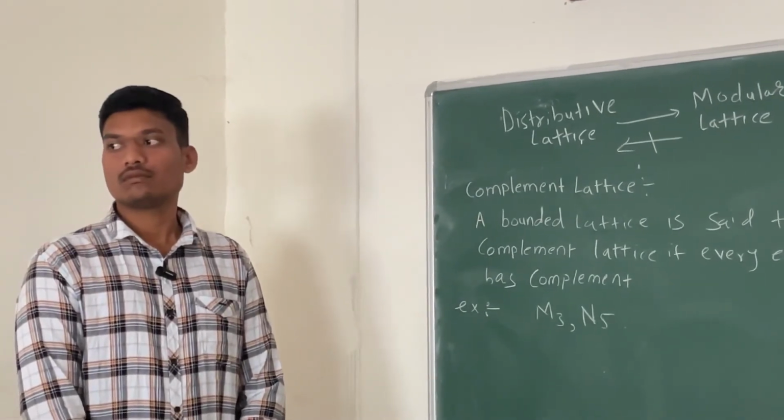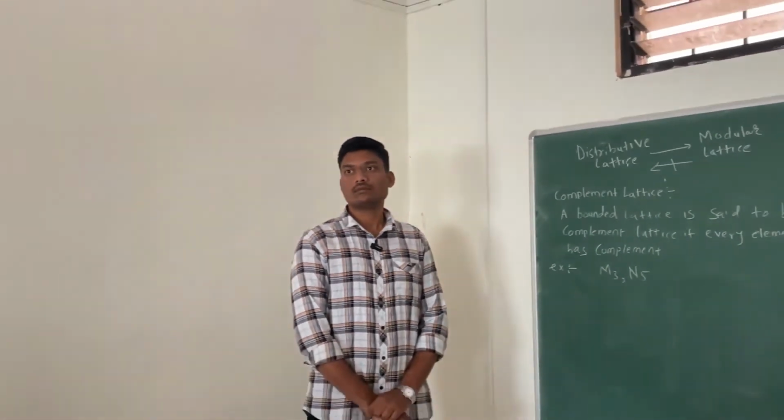Say, suppose you take A. Distinct, when you are talking about two elements. Every element should have a complement. For example, in M3, how many elements are there? 5 elements are there. So all 5 elements should have a complement. Are you following? Some complement, the same may be. It does not require that every element should have a different complement.